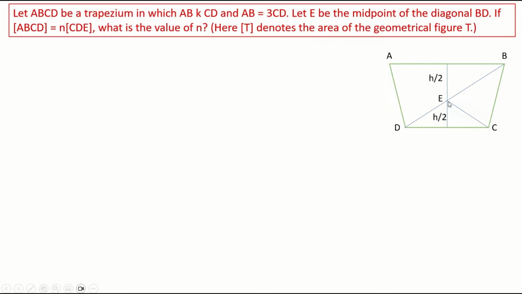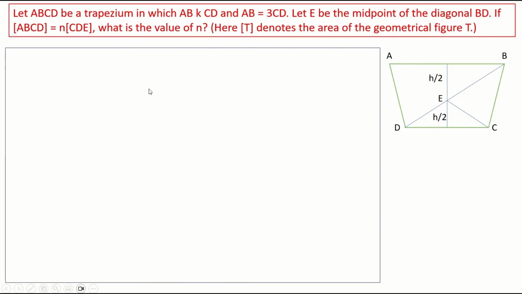We know that E is the midpoint of BD, so E will also be the midpoint of this altitude, because AB and CD are parallel lines, so any transversal will pass through the same midpoint. So the triangle height will be h by 2, whereas the trapezium height is h. This will solve our problem easily.